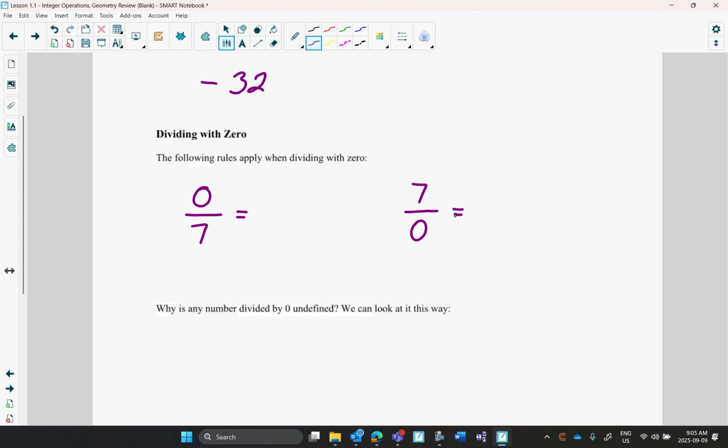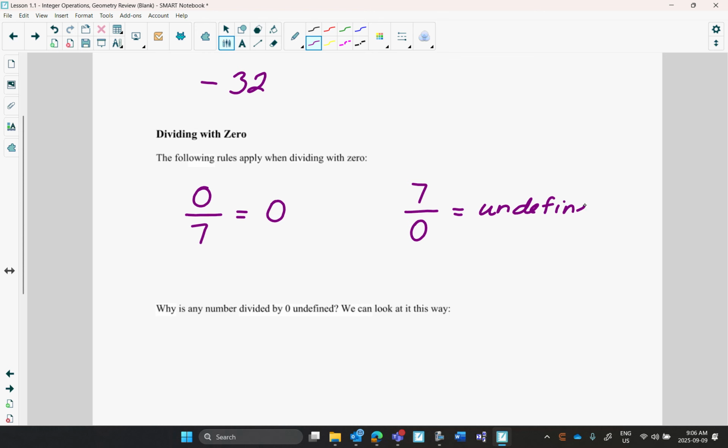What do you think? 0. So whenever we divide 0 by a number, the answer is always 0. But what's 7 divides 0? Undefined. We don't know what the answer is.